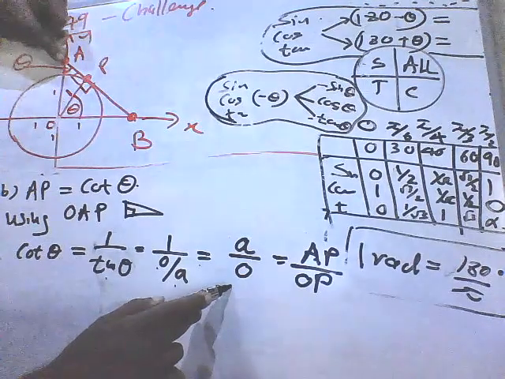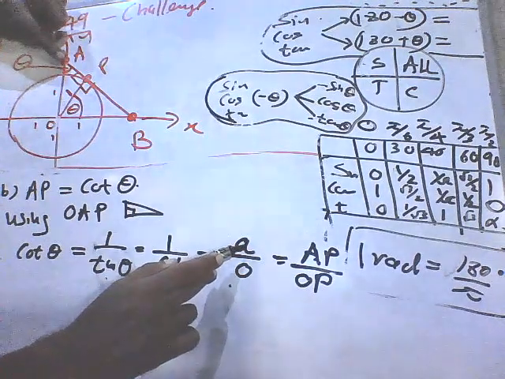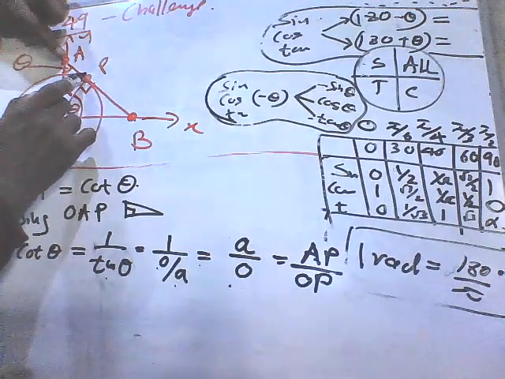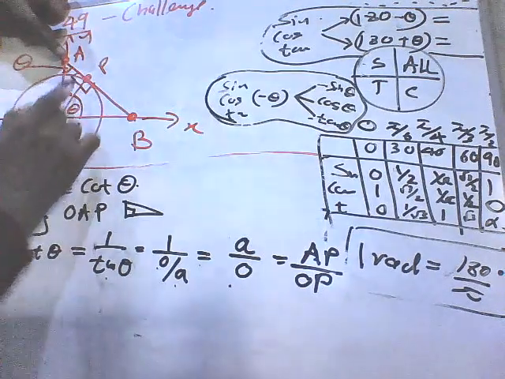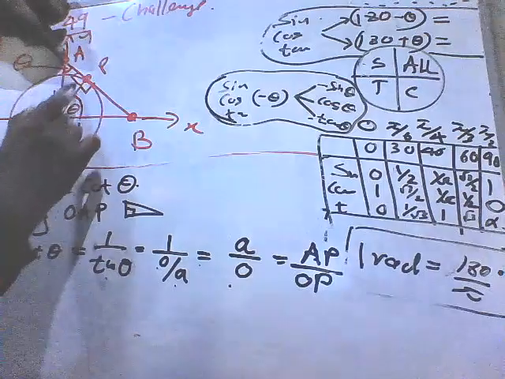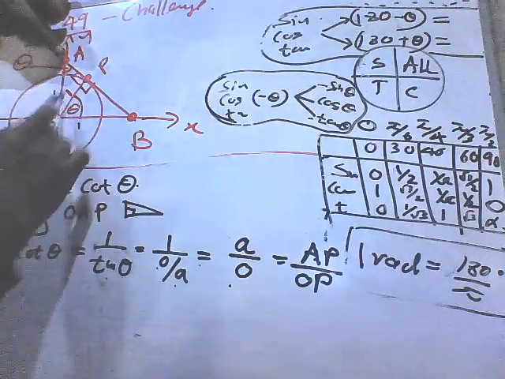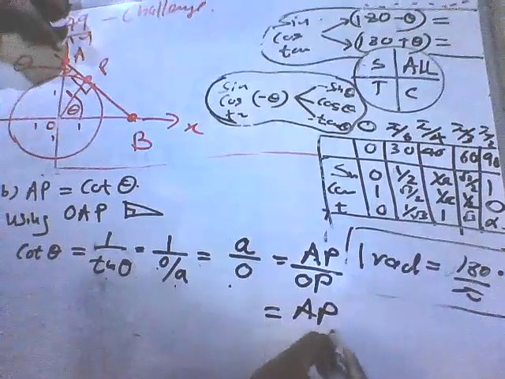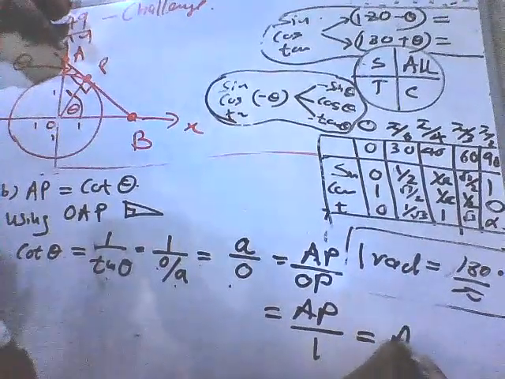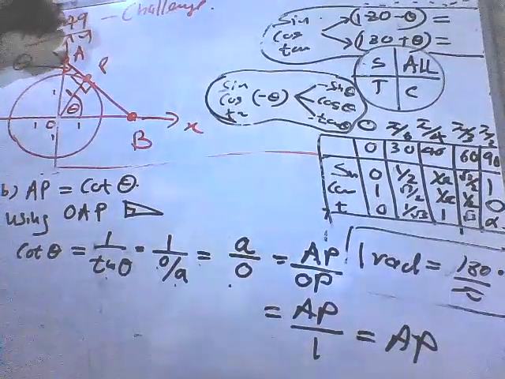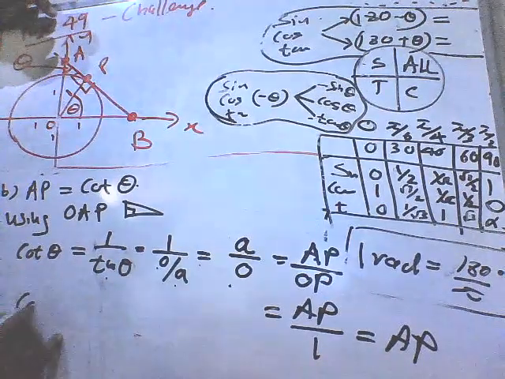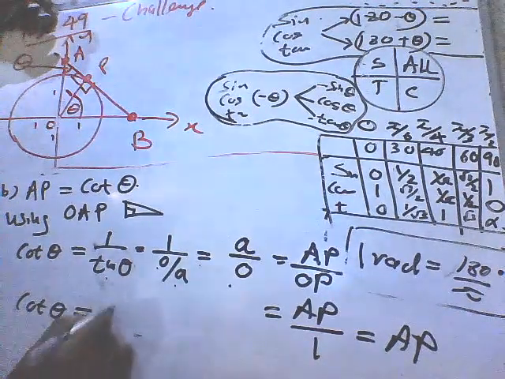So if you take theta, his adjacent is AP, and his opposite is OP. Now the trick is OP is the radius, it is 1. So this is equal to AP over 1, that is equal to AP. So we get cot theta is equal to AP.